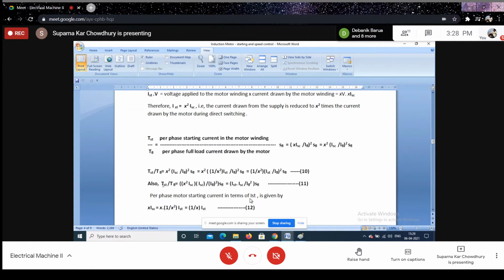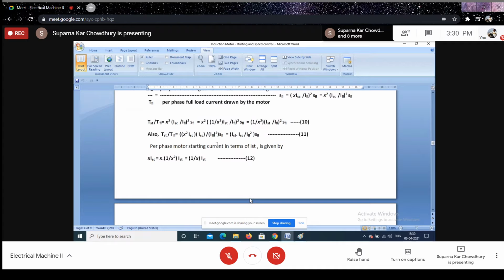So our ratio of starting torque to full load torque will be, I starting into I short circuit by I full load square into S full load.